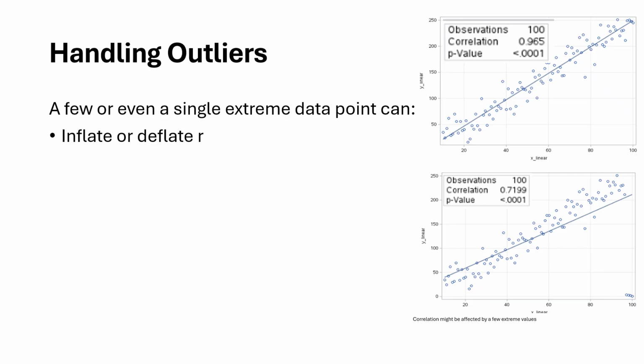But if there are a few outliers, as you see in the bottom figure on the right, we see that there are about 4 outliers here, which are pulling the whole line down, and it has brought the whole correlation down by about 17 or 18 points, from 0.96 to almost 0.71. So these can mask the true relationship between the two continuous variables.